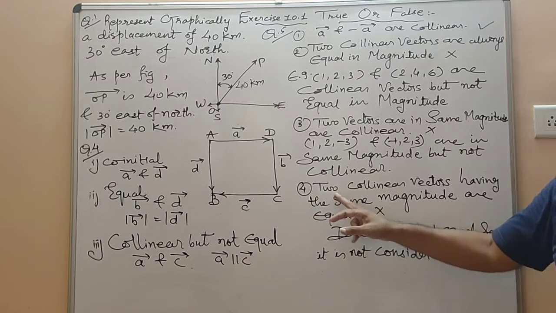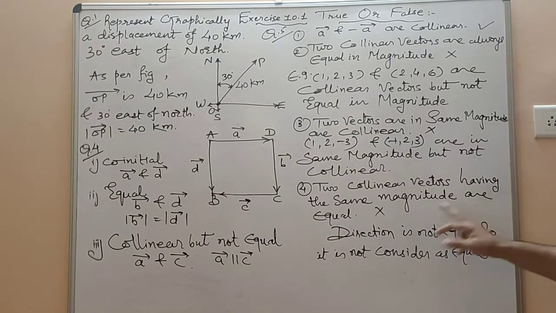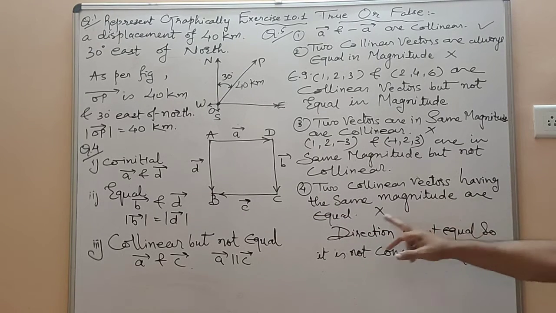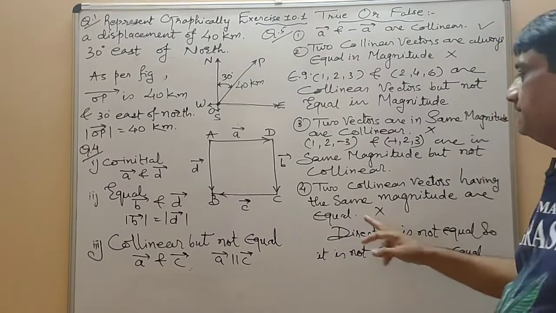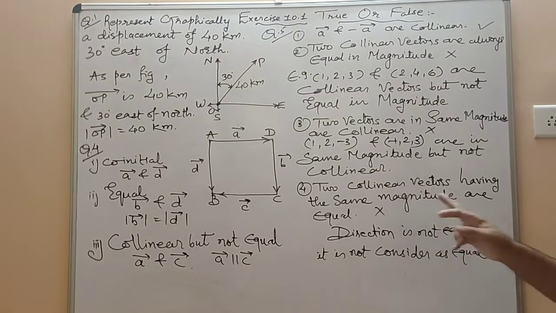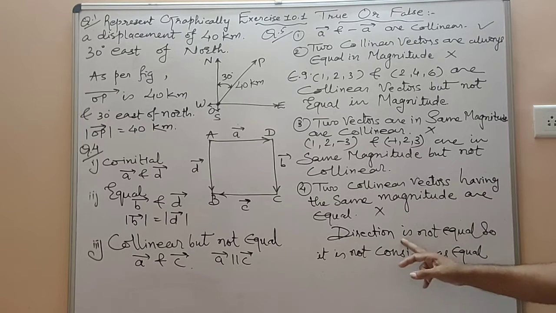Question number 4: two collinear vectors having the same magnitude are equal. It is also wrong. Two collinear vectors may have the same magnitude, but direction matters. Suppose direction is opposite.